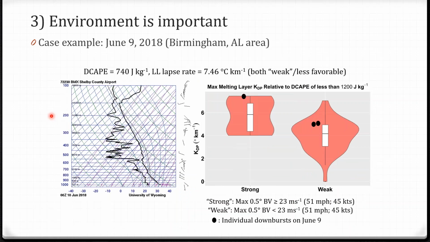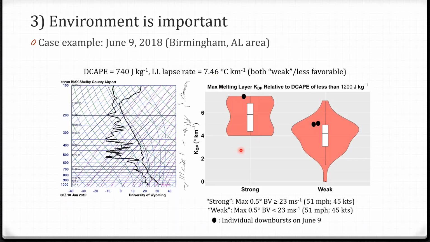So just a quick example on that. In the Birmingham area back in 2018, this was one of the less favorable environments that we looked at. DCAPE was 740 joules per kilogram, low-level lapse rate 7.46 degrees per kilometer, on the low end of the environments that we looked at.